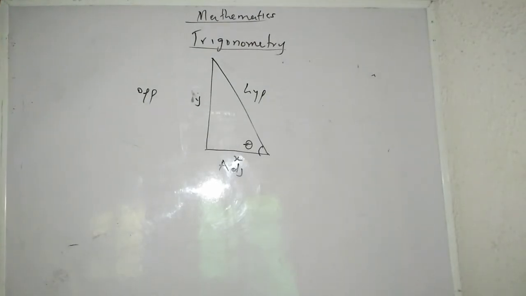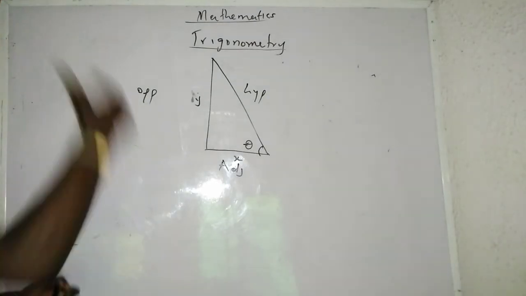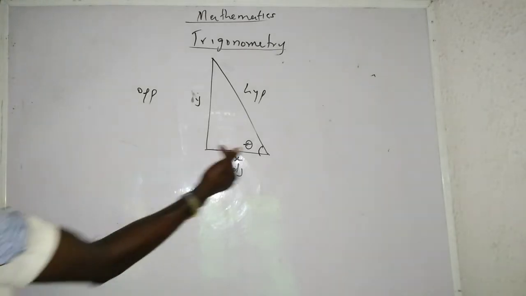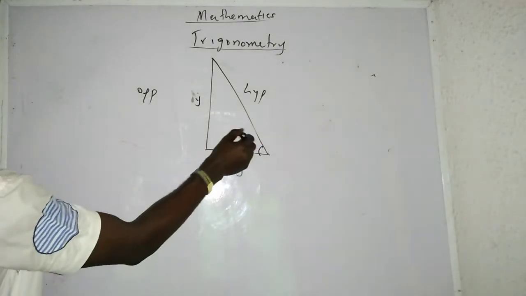Now, hypotenuse is always constant because it is the longest side of the right angle triangle, known as the hypotenuse side. Their distance is in centimeter or wherever. Now, opposite is always facing the angle.